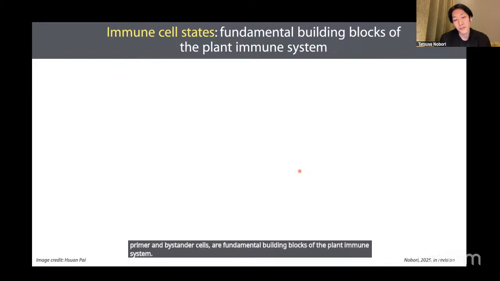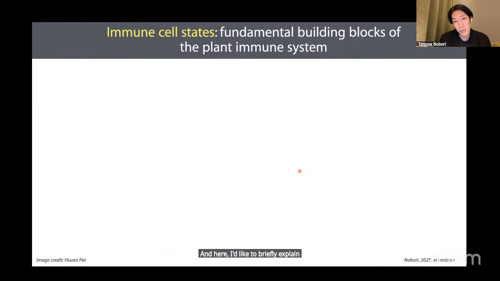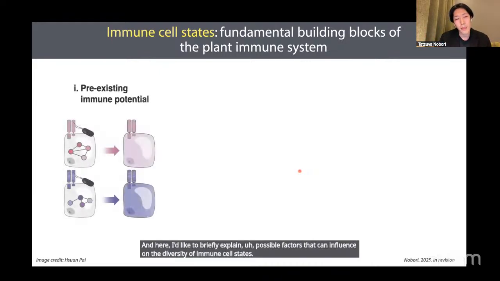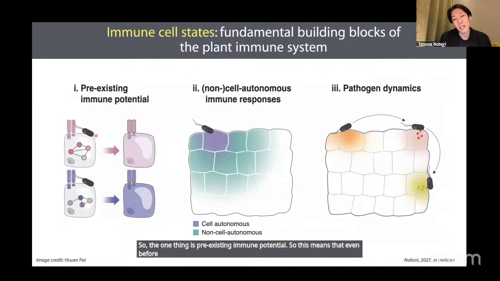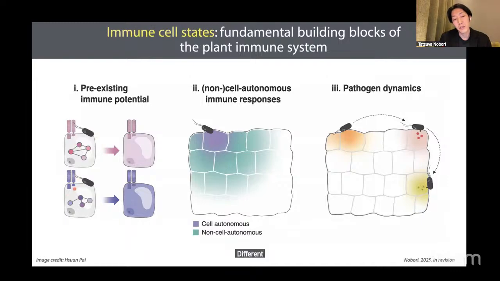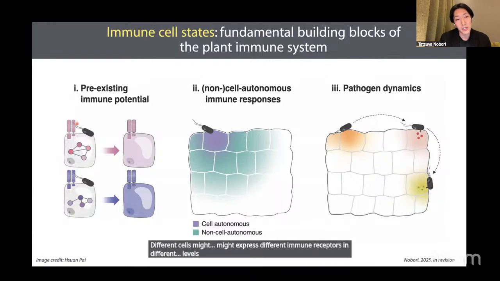And here I'd like to briefly explain possible factors that can influence the diversity of immune cell states. The one thing is pre-existing immune potential. So this means that even before pathogen attack, different cells might express different immune receptors in different levels or combinations. And also the downstream molecular network configuration may be different.